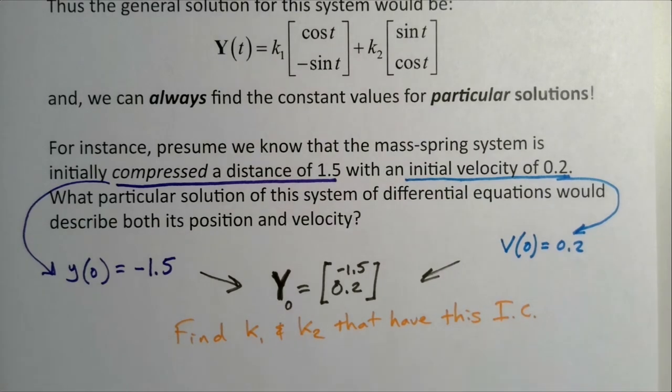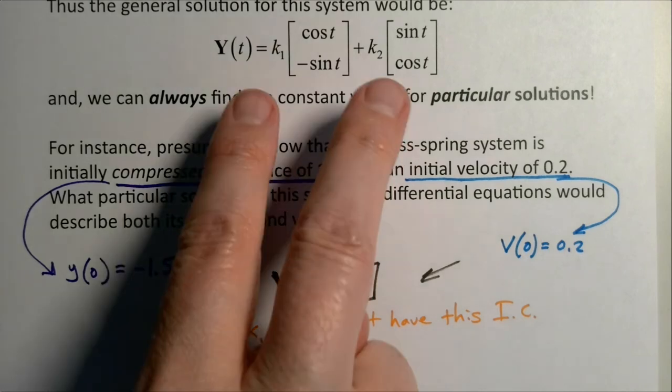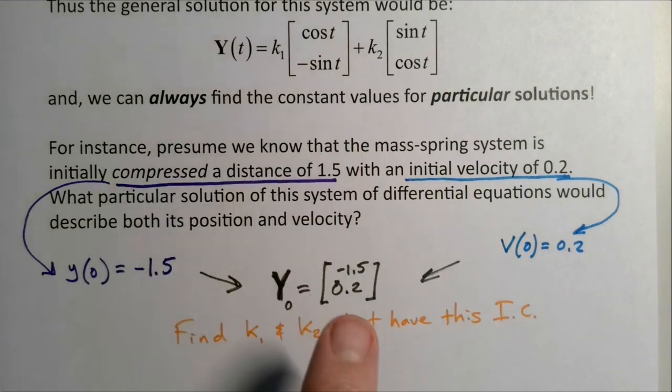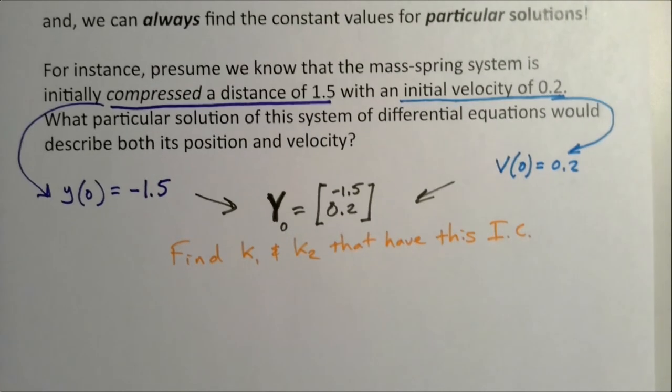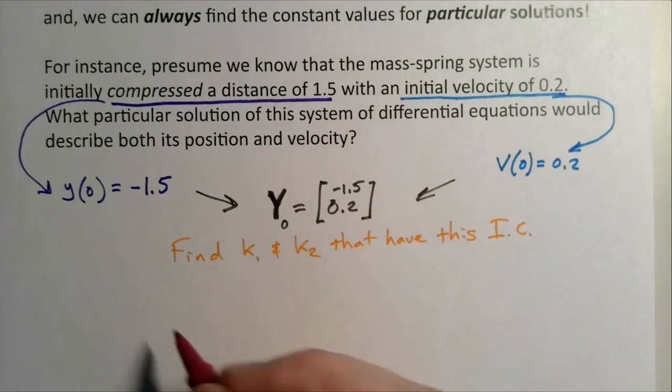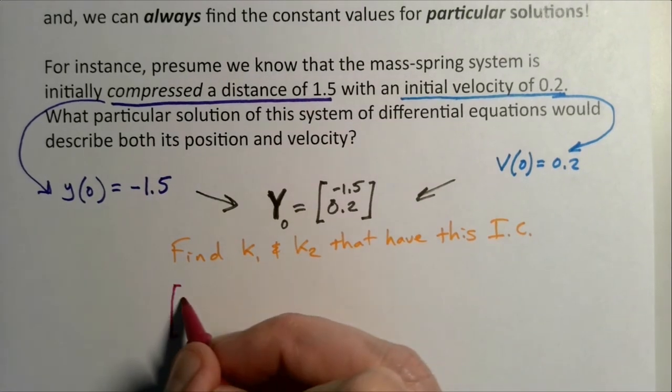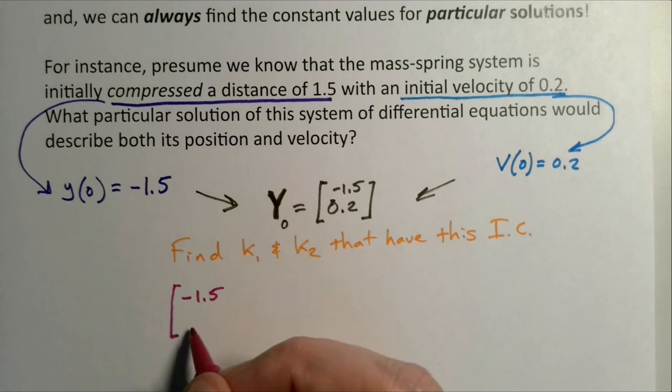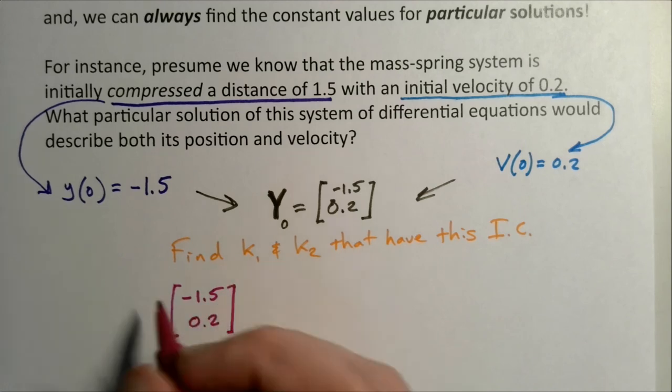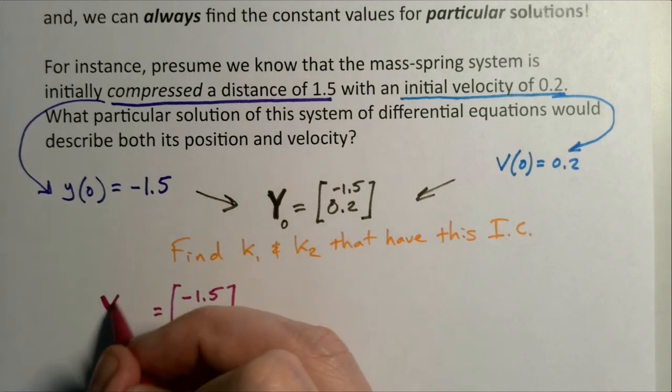We're going to find the values of K1 and K2 up here that have this as a particular solution. So down below this, I'm going to set up my equation. I'm going to say my y of t, I know the output is negative 1.5 and 0.2. That is y of 0.